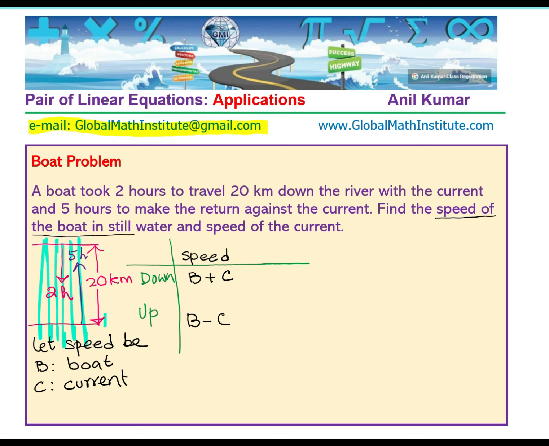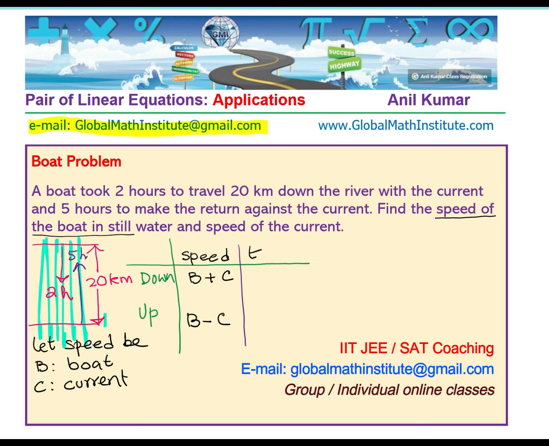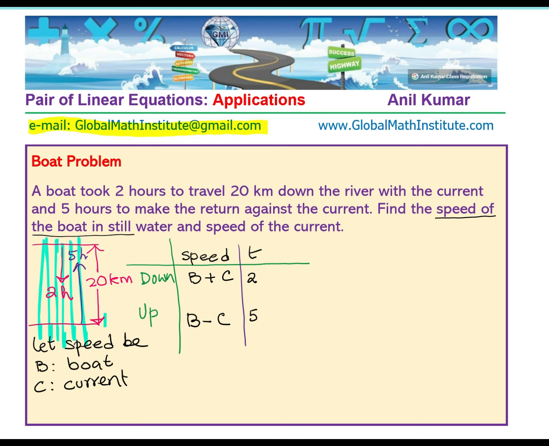And then the next column is related to time, which we found is different: 2 hours and 5 hours. Let's write down units: speed in kilometers per hour and time in hours.